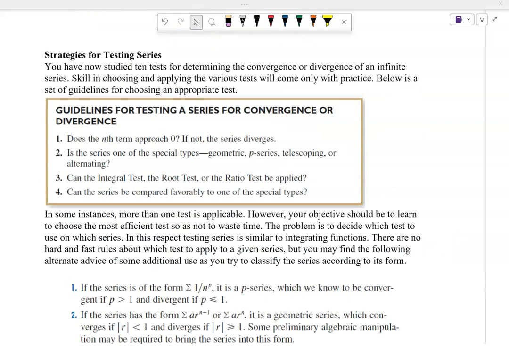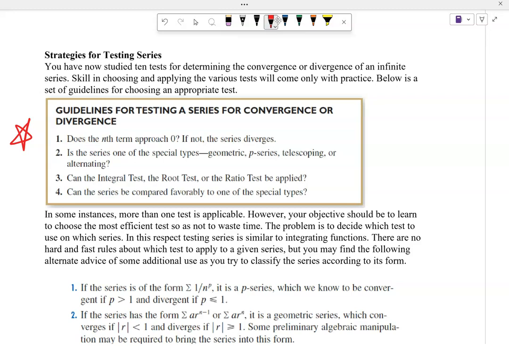So a little bit of strategies for tests, a summary for sequences and series. We've got 10 tests of infinite series, right? It really comes with practice, but here are some nice guidelines. This is kind of my favorite one. Can you use the nth term test? If the limit as n goes to infinity of the nth term is not equal to 0, well, gosh, you know it diverges right off the bat.